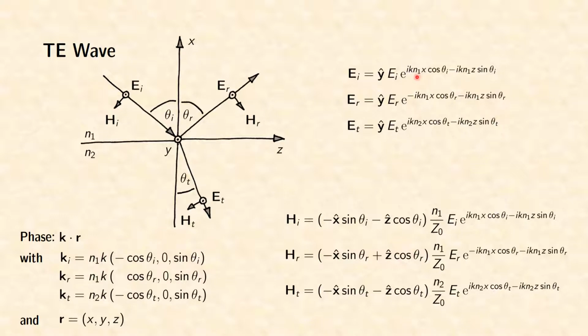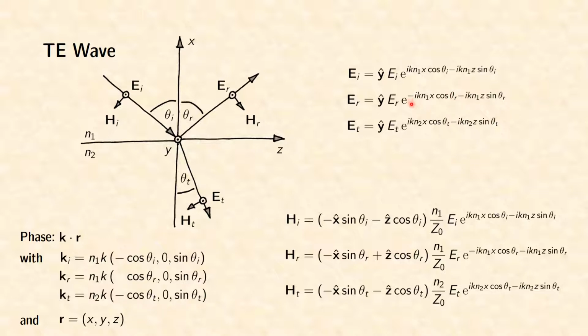N1 is of course the refractive index of material 1, and in the electric field of the reflected wave there is not much difference. Of course, the amplitude is different. We have to calculate the amplitude later on, and the angle is different from the incident angle.